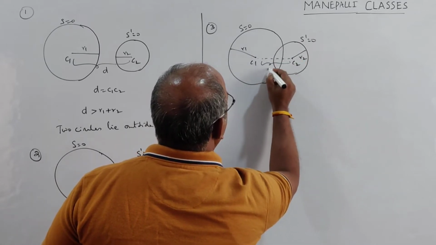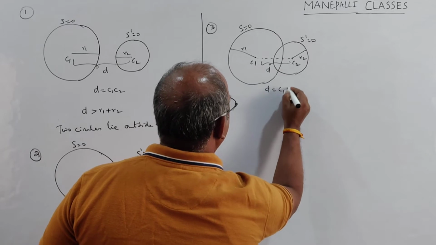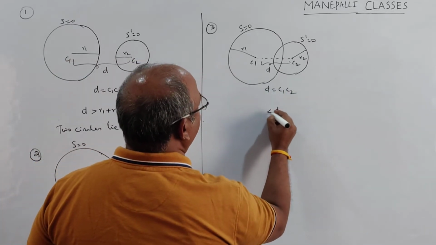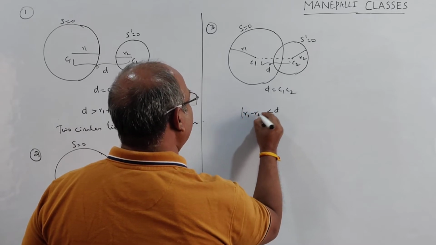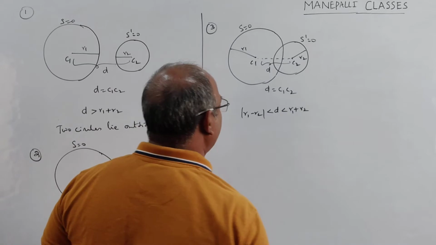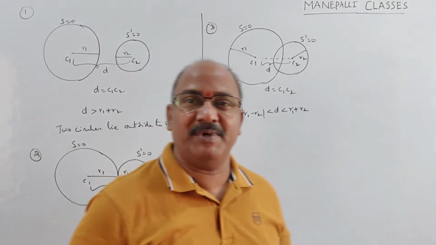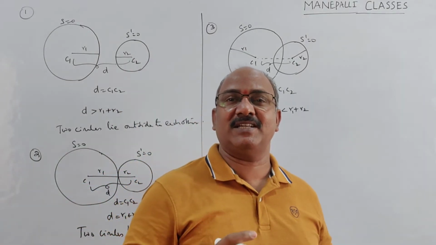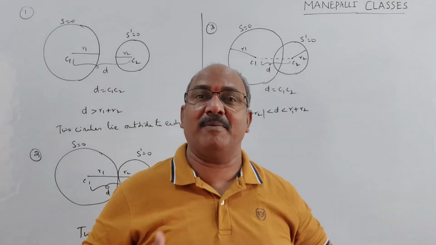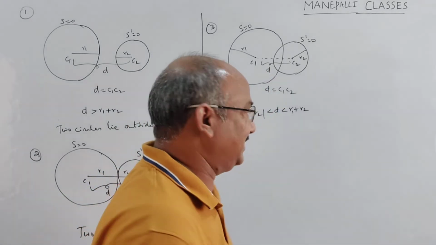This is the distance between the centers D, which is equal to C1 C2. Here D lies between modulus of R1 minus R2 and R1 plus R2. So whenever D lies between modulus of R1 minus R2 and R1 plus R2, the two circles overlap. That means they intersect each other.